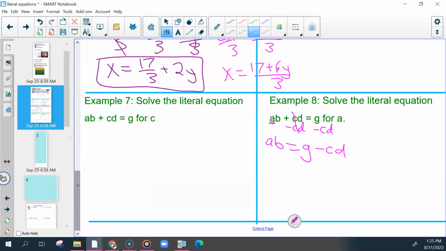And then divide by b. Yep. In this case, I'm going to divide everything by b because nothing pairs the same. Nothing is going to simplify.